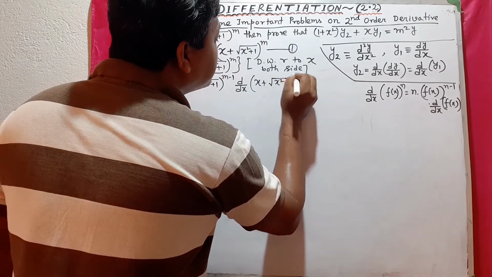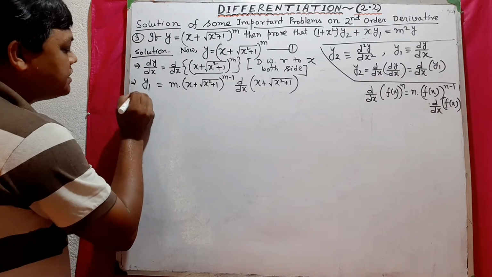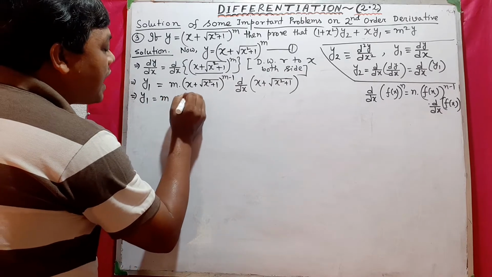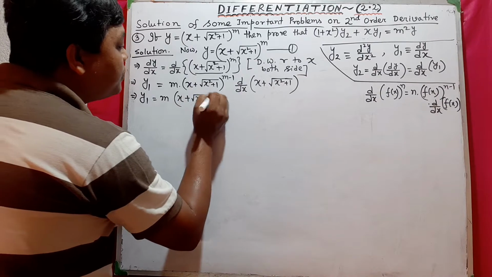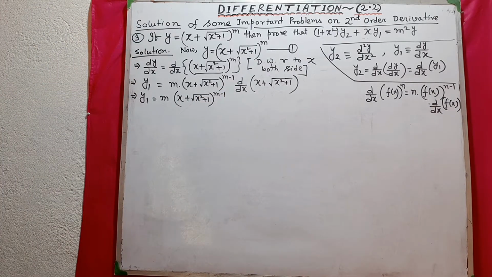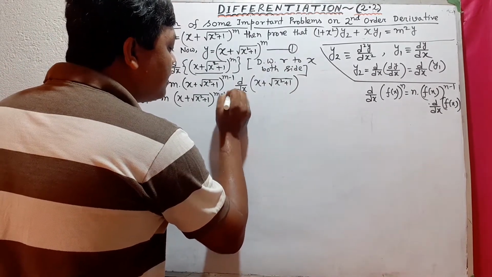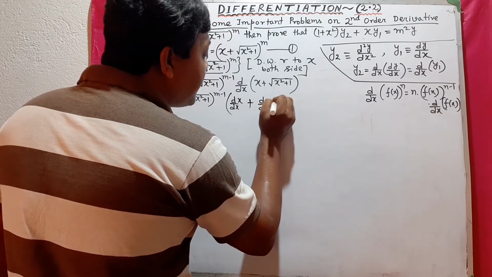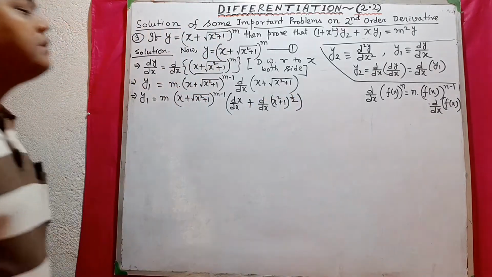Am I right? So now this is y1, m into x plus square root of x square plus 1 whole to the power m minus 1, d/dx of x, that is 1, plus d/dx of x square plus 1 to the power half. Am I right?